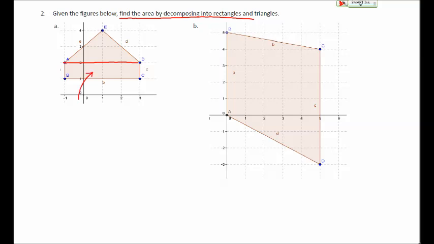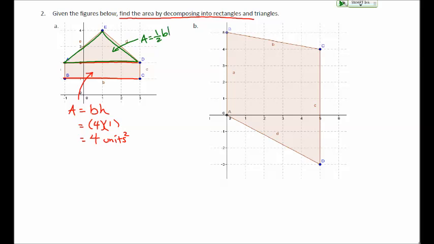bottom. And we know the area of a rectangle is base times height. The base here is 1, 2, 3, 4. Let me put this below. And the height is 1, and so the area of this rectangle is 4 square units. Up here we have a triangle, and the area of a triangle is 1/2 the base times the height.